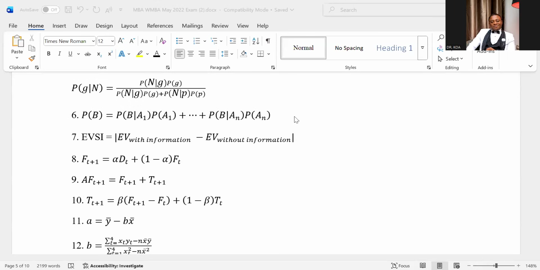That is the dampening factor. And then finally, the FT. Before you can have FT plus 1, you must have FT. That is the previous period forecast. The F means forecast.